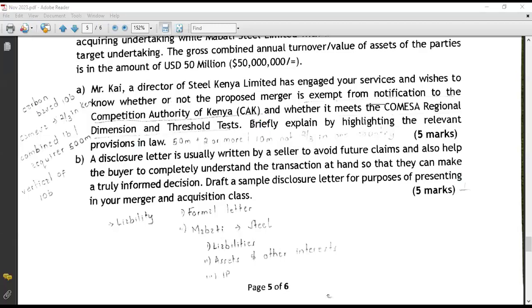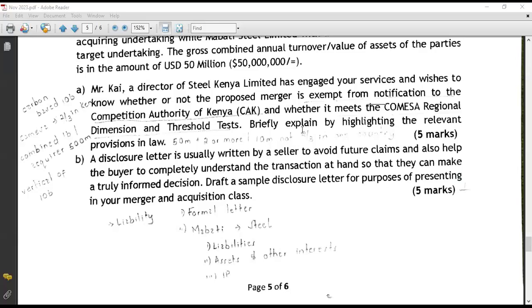I'm not very sure of the percentage, but for this question, if there is any acquisition, whether they're acquiring or being acquired, they will meet that threshold because Steel Kenya has 50% of the market share, and Mabati Steel has 5%. So it would meet the notifiable threshold.